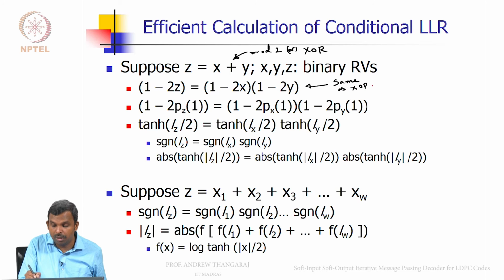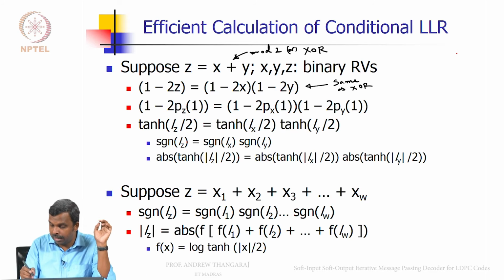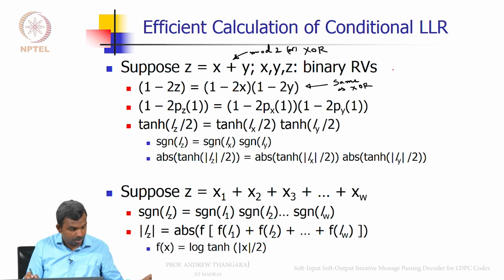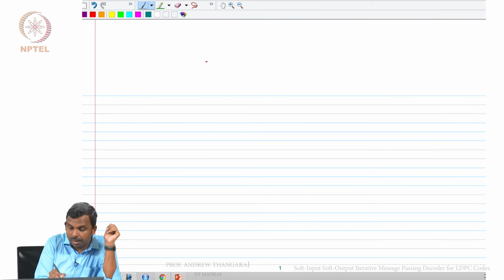If you do not believe me, you can make a little table here: x, y, z equals x XOR y.